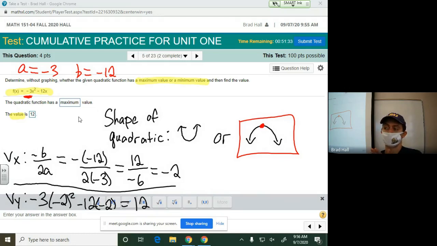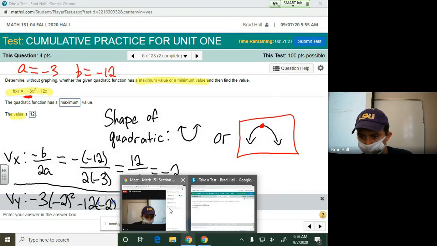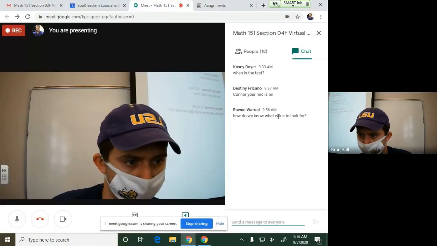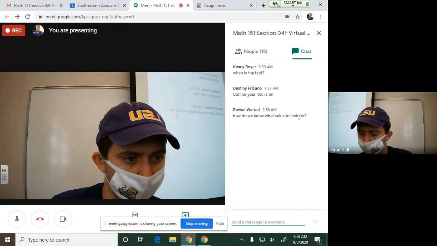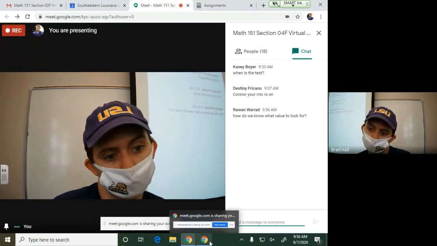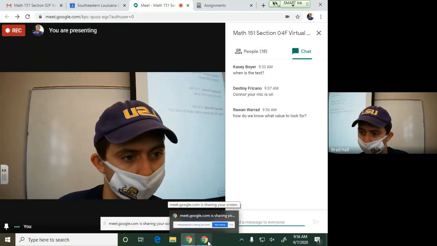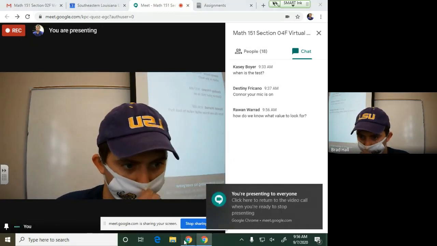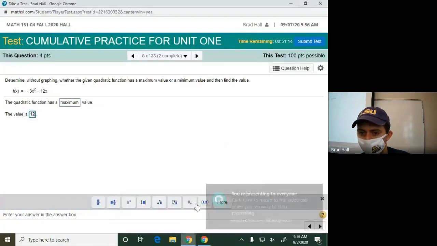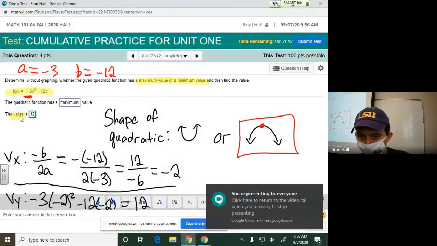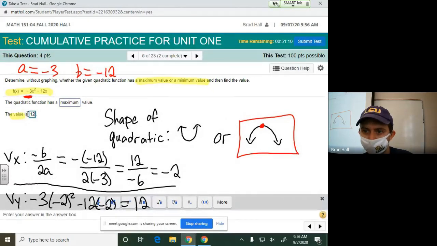Does anyone have any questions about this one before we move on? So the value is determined primarily by the wording. The reason why we need to find the y value is because whenever you see value by itself, that implies a y value unless they specify.